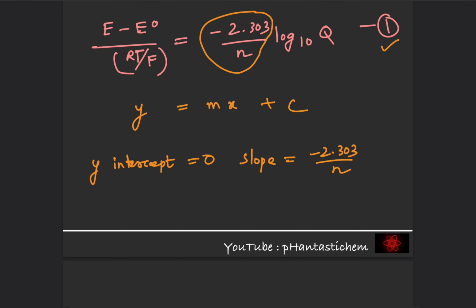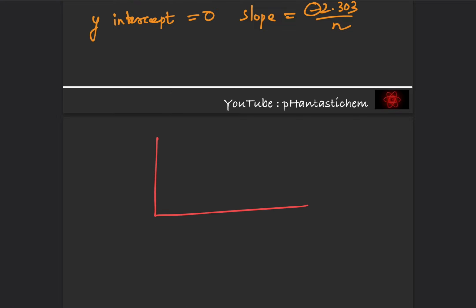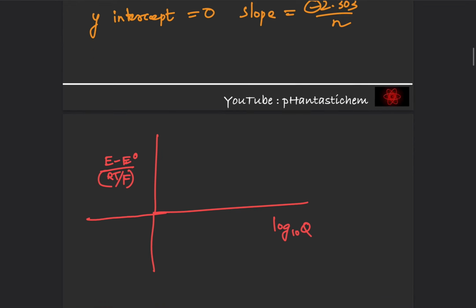Important, it is a negative slope. So the graph will look something like this.